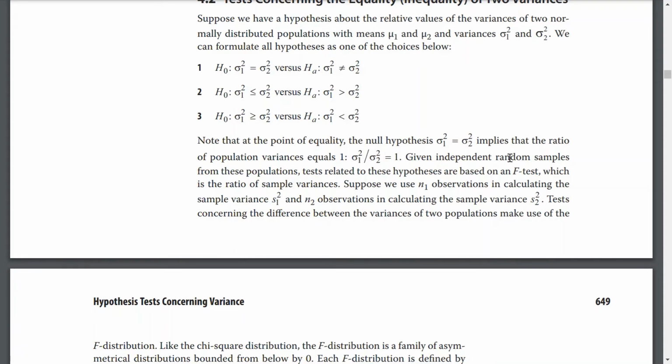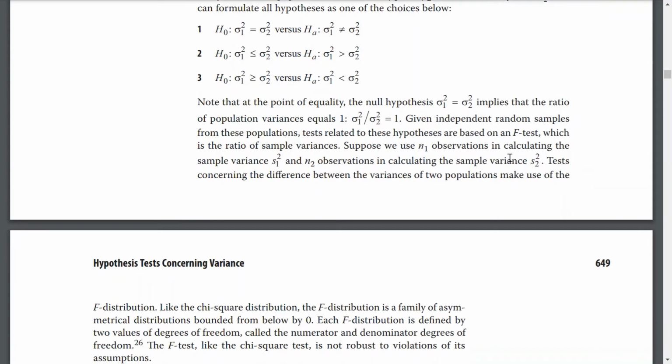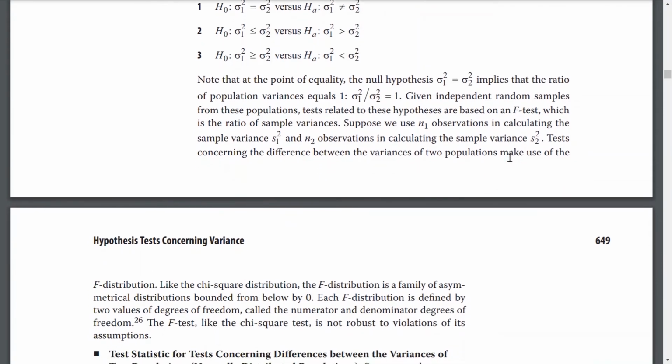Given independent random samples from these populations, tests related to these hypotheses are based on the F-test, which is the ratio of sample variances. Suppose we use n1 observations in calculating the sample variance S1 squared, and n2 observations in calculating the sample variance S2 squared. Tests concerning the difference between the variances of two populations must use the F distribution.